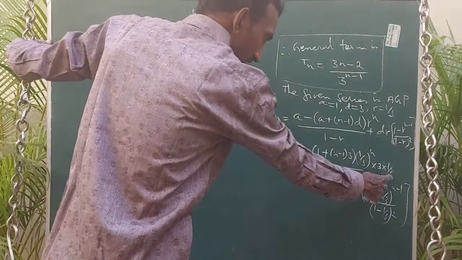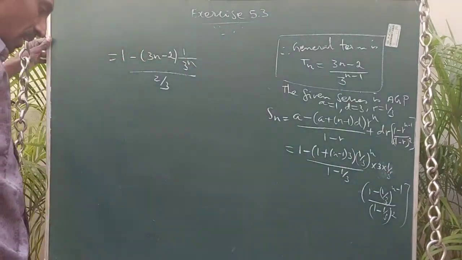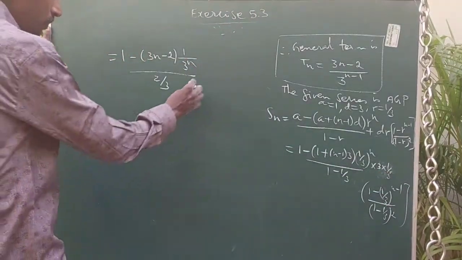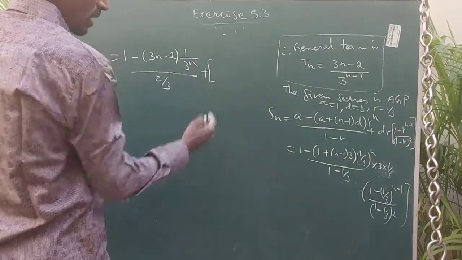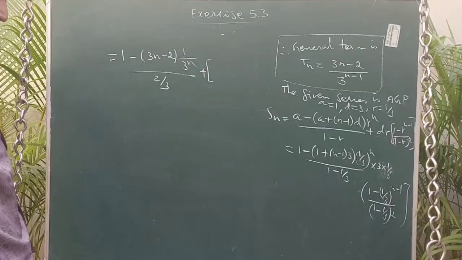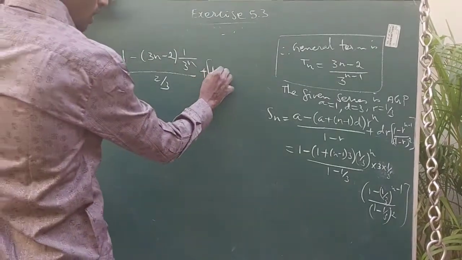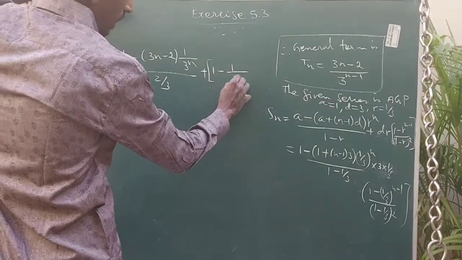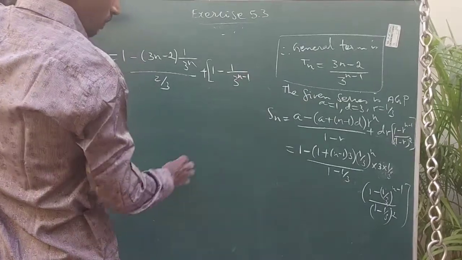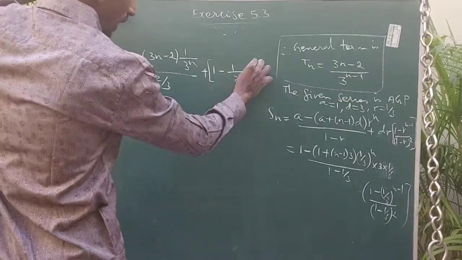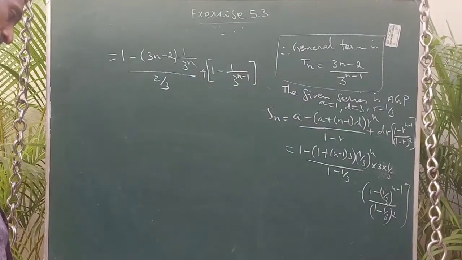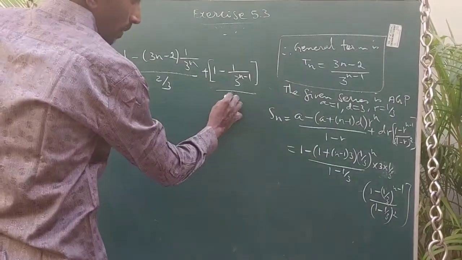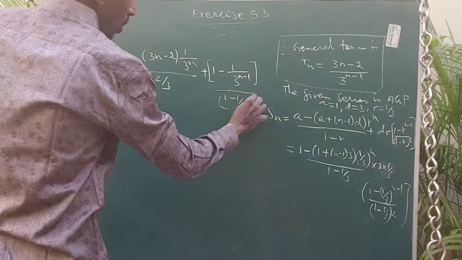Again here the 3 cancels. What is remaining? Plus 1 minus 1 by 3 power n minus 1, by 1 minus 1 by 3 the whole square.